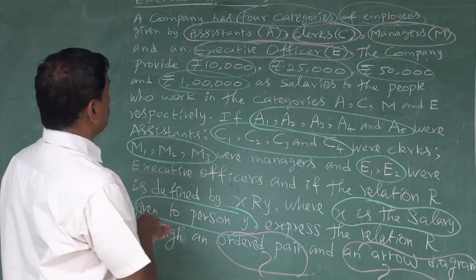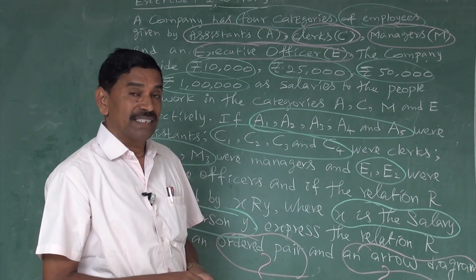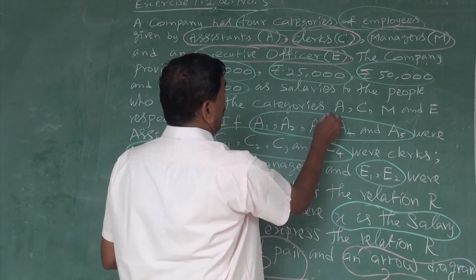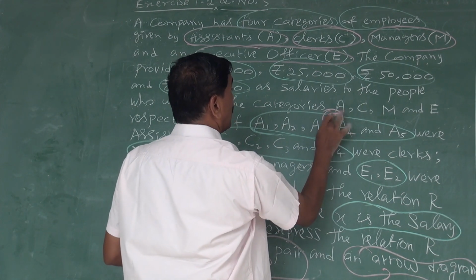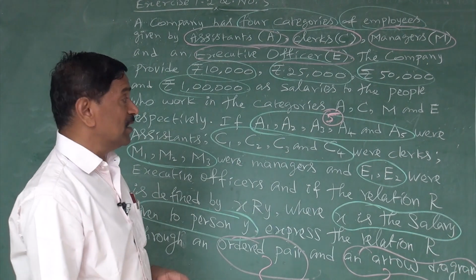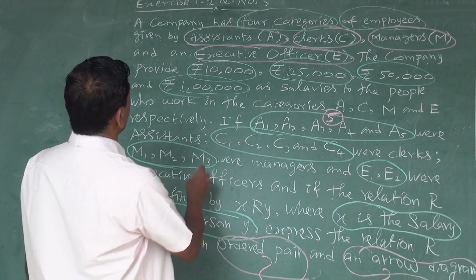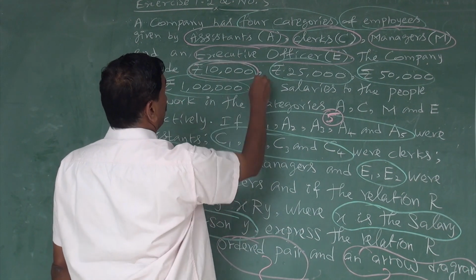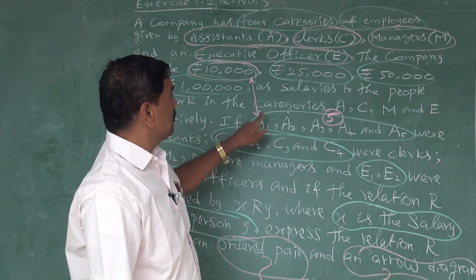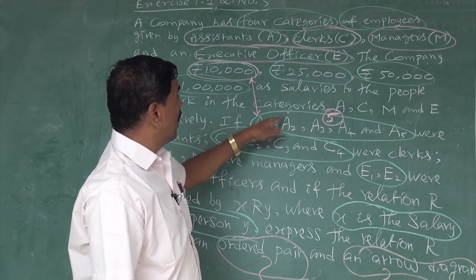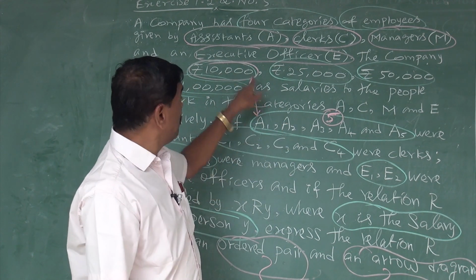Again, listen, in this topic, can you tell me how many assistants are there in the company? Yes, 5. And whose salaries? Yes, each assistant can get rupees 10,000.